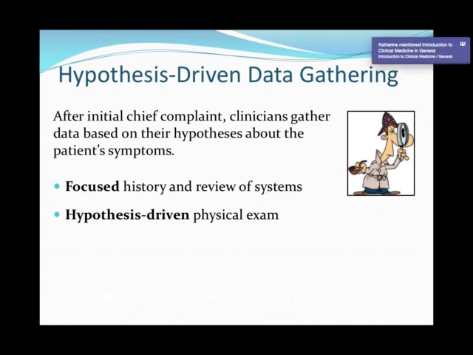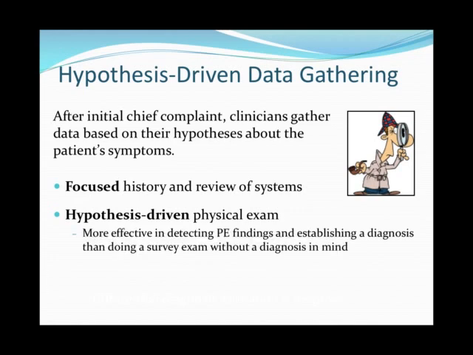And so generally we start taking a more focused history and a focused review of systems based on that chief complaint. Then based on what our ideas are, we normally examine those specific symptoms or specific systems based on our ideas about what the disease might be.